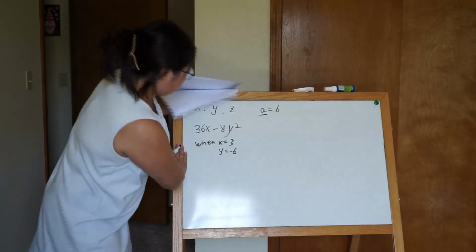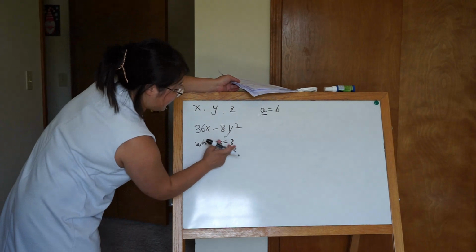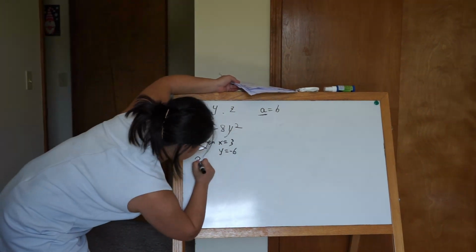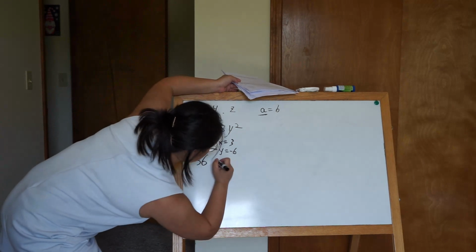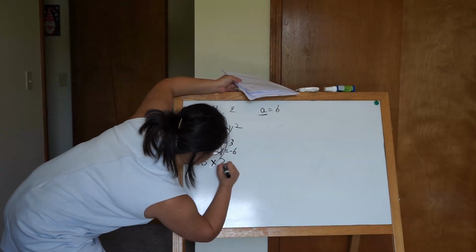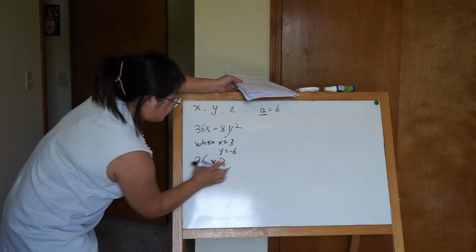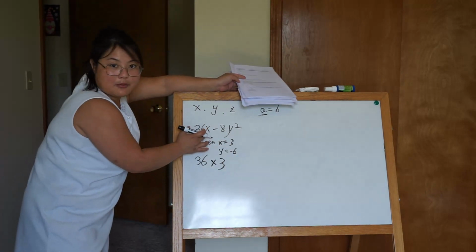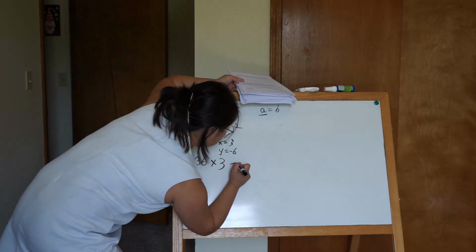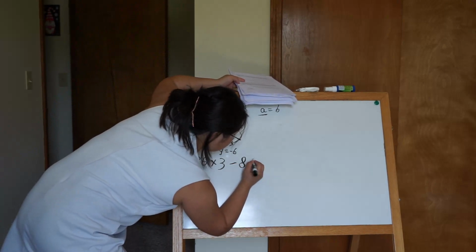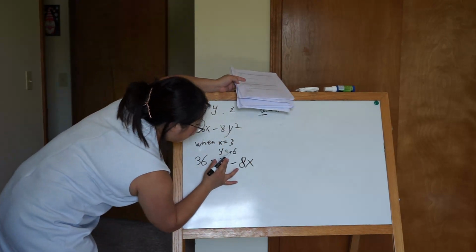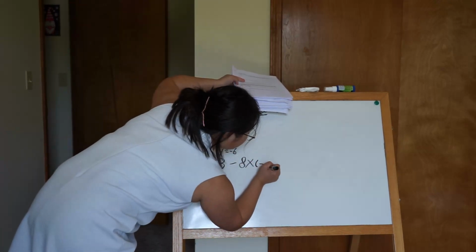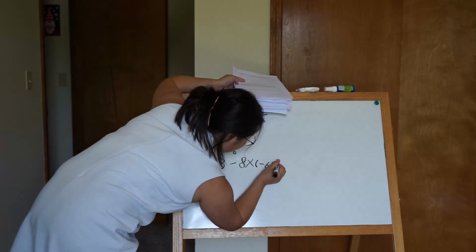So in here, we put 3 and minus 6 in this expression. So 36 multiplied by 3, because x equals 3, and here 3, we put here. And minus 8 multiplied by minus 6 squared. So we write down minus 6 squared.